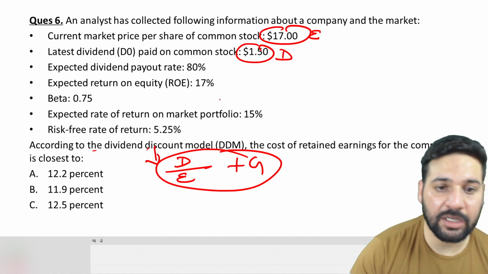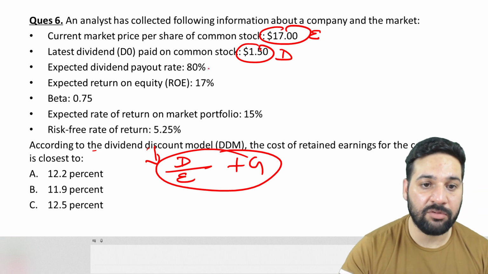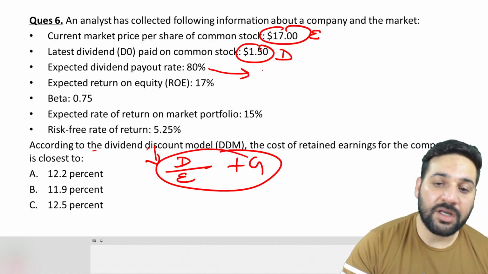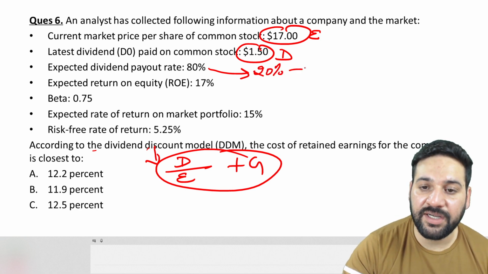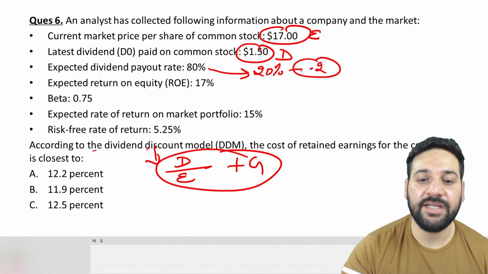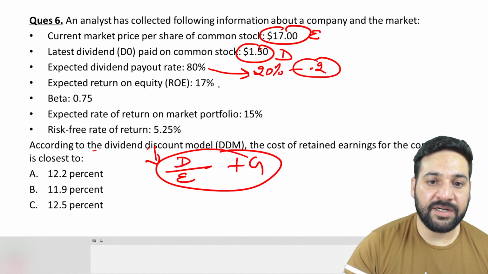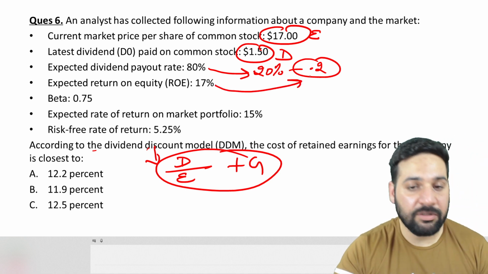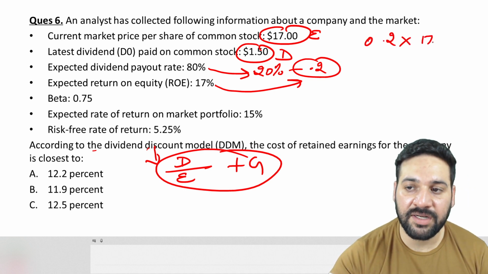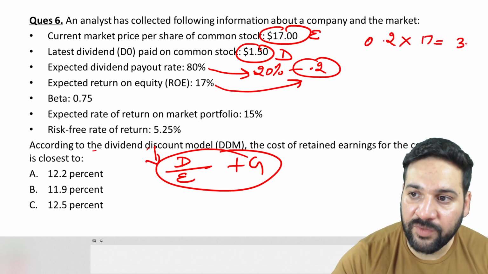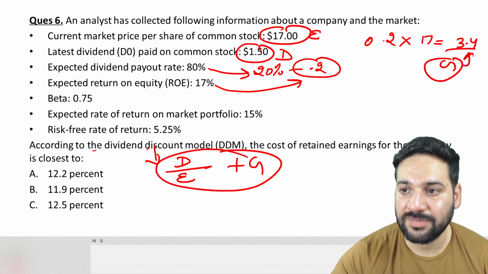How would you calculate the growth? The expected dividend payout ratio is 0.8, so the retention is 20%, or 0.2. 20% is retained, and the expected rate of return on that 20% is 17%. So 0.2 multiplied by 17 is 3.4. That is the growth.